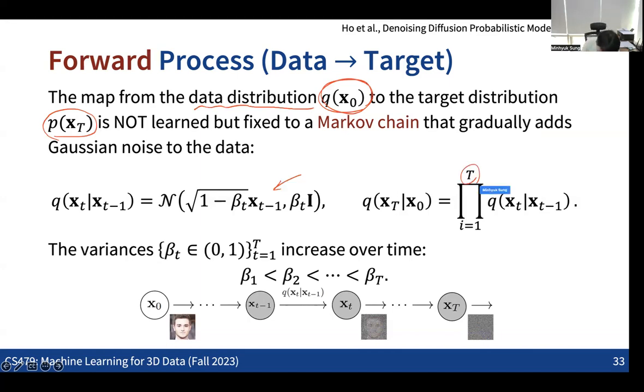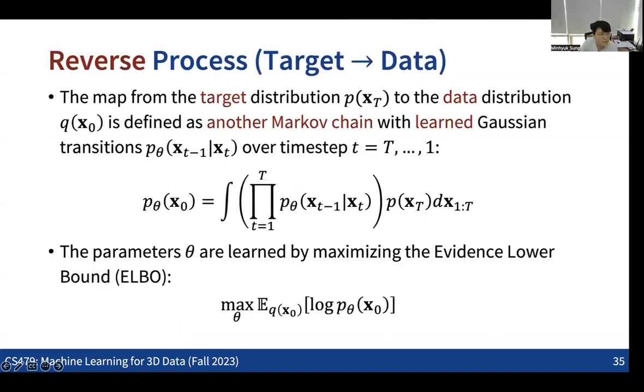We start from q(x0), and at the end of all T transitions, we map everything into p(xT), which is the unique Gaussian, right? And the reverse process does exactly the same thing, but now mapping p(xT) into q(x0), also by accumulating Gaussian transitions like this.